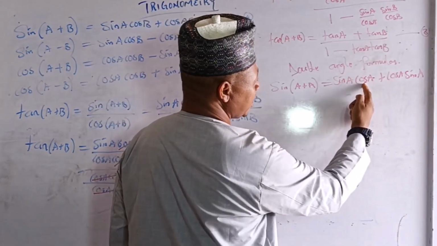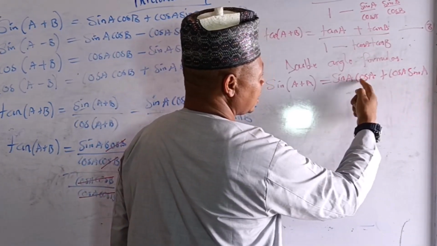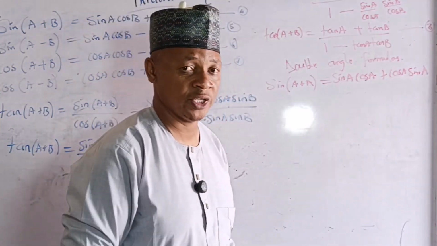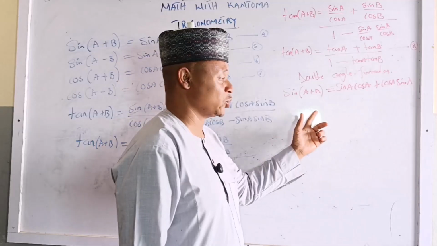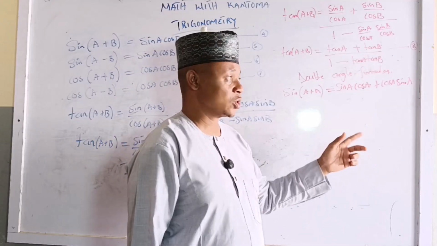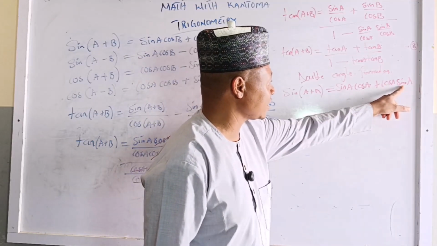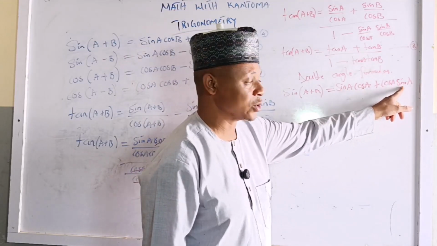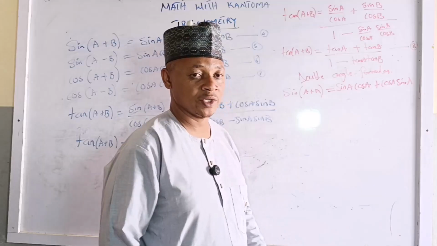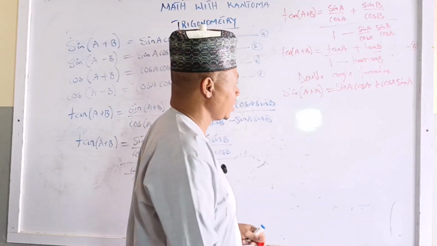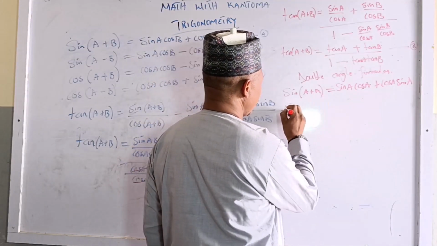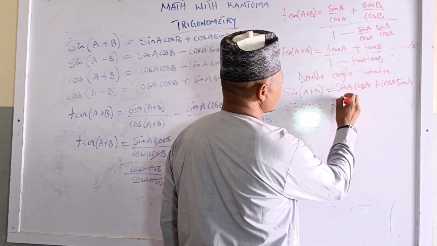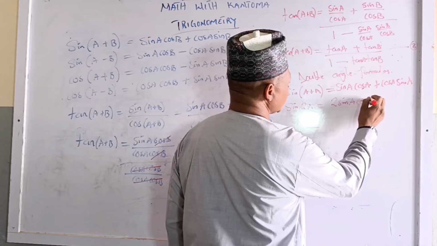This is commutative, and we said addition and multiplication are commutative over the set of real numbers, meaning x times y is also equal to y times x. So if I arrange this by writing sine first instead of cos, this is the same thing as sine A cos A plus sine A cos A. So sine A cos A plus sine A cos A is 2 sine A cos A, right? So therefore, A plus A here, I have sine 2A is equal to 2 sine A cos A.